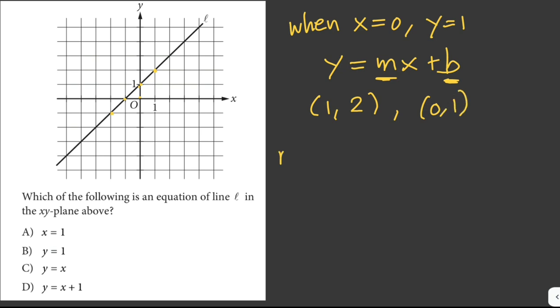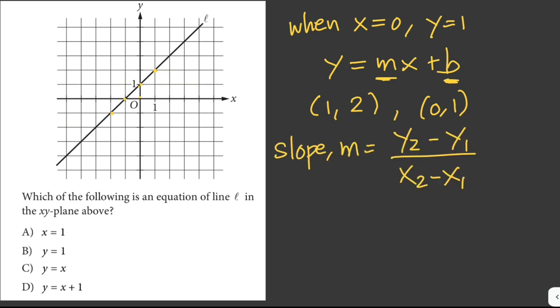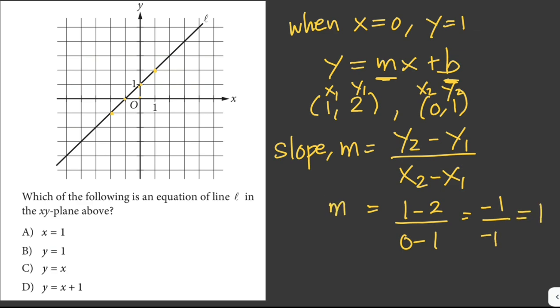Now we can solve for our slope. That is y sub 2 minus y sub 1 over x sub 2 minus x sub 1. Let's say this is our x sub 1, y sub 1, x sub 2, y sub 2. So that is 1 minus 2 over 0 minus 1, so this is negative 1 over negative 1. Therefore our slope is equal to 1.